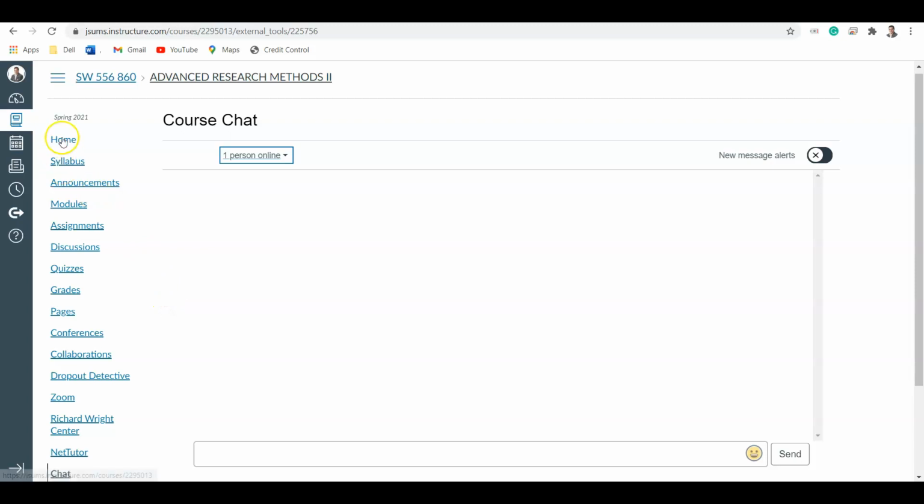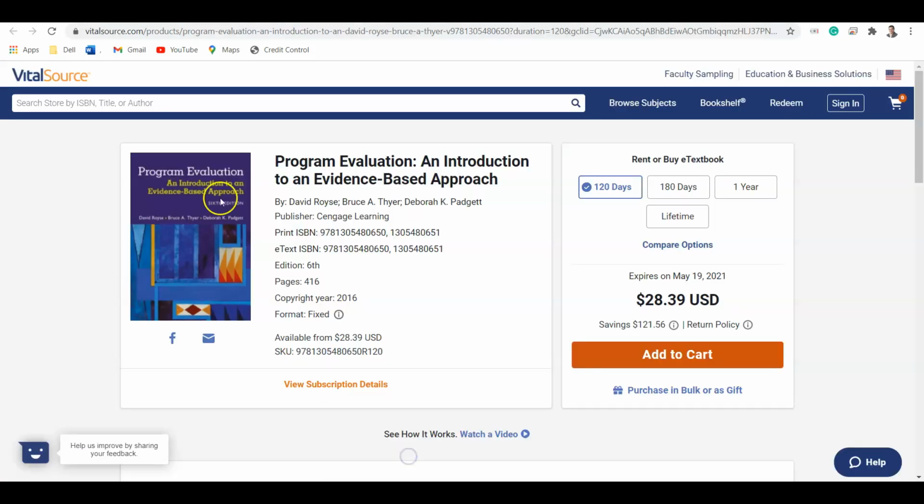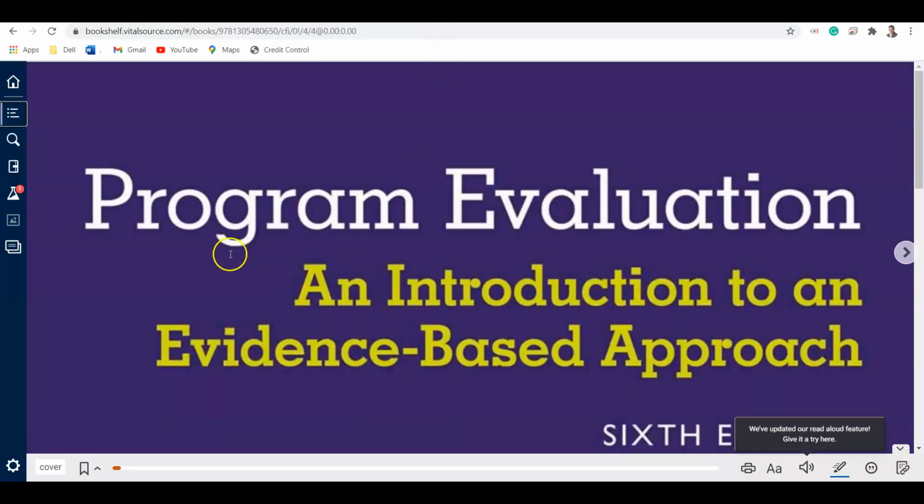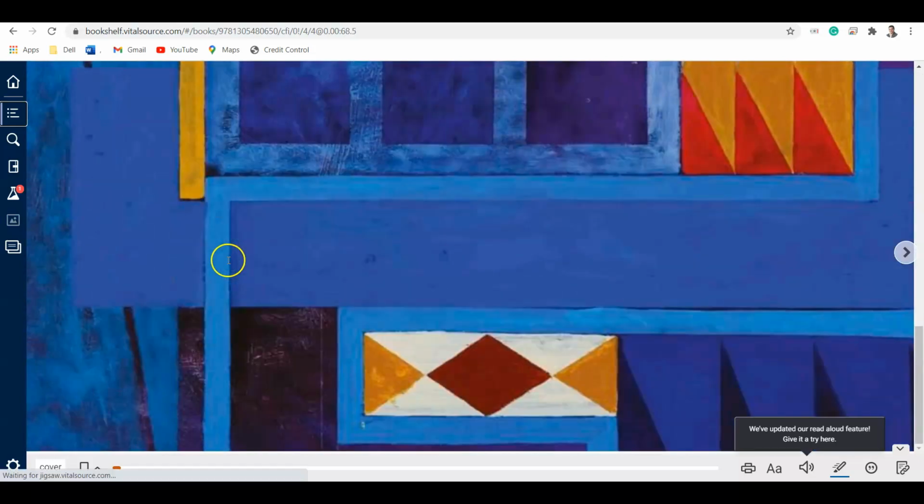Let me finally double check. So I did that. Let's see. If you want to know what an electronic book looks like, maybe it looks something like this.